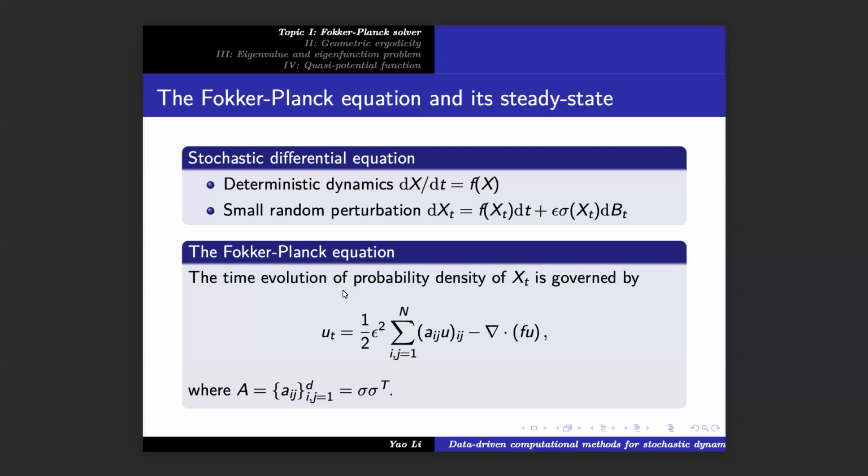So usually we start from some deterministic dynamics, maybe just an ODE, maybe just some neural oscillator. And then we add some small noise. Then we get something like a Fokker-Planck equation. The Fokker-Planck equation basically tells you what the probability density function is and how it evolves with time.